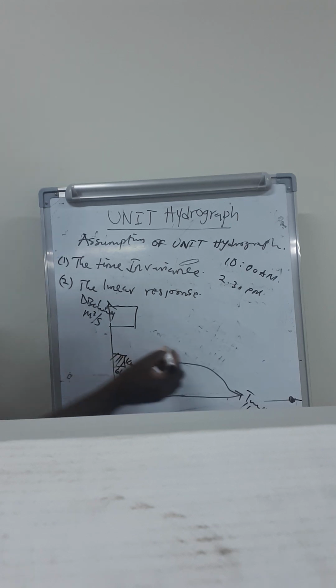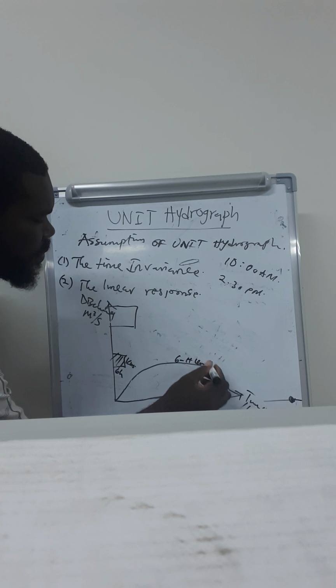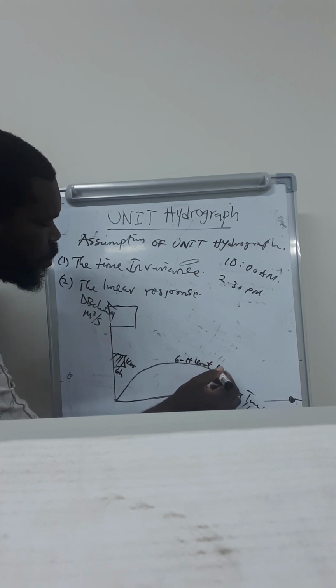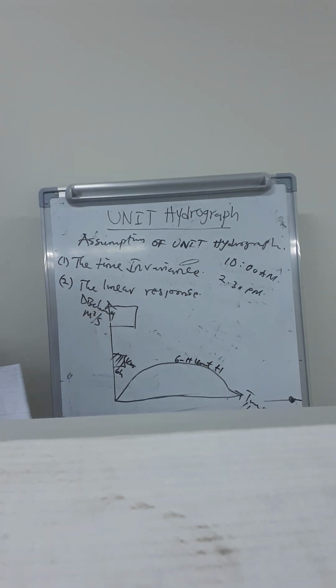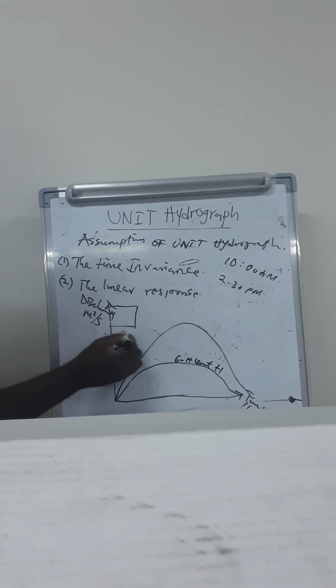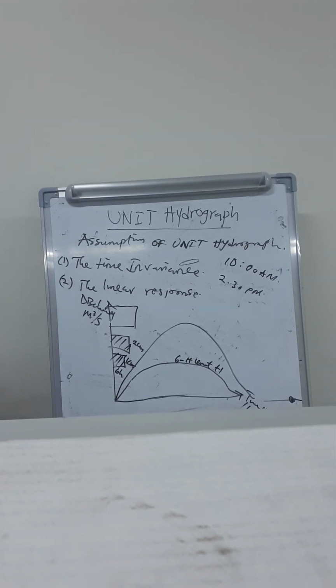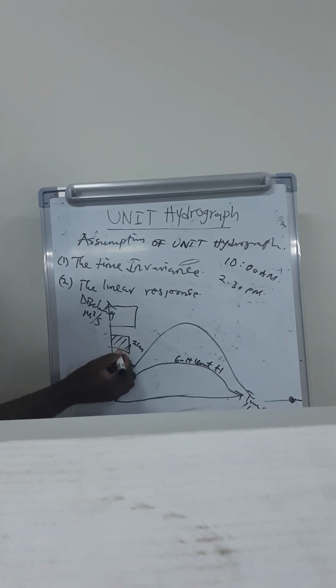So if this is the 6 hours unit hydrograph, that is UH, then we can have, let's say, a 2 centimeter storm for 6 hours duration also.